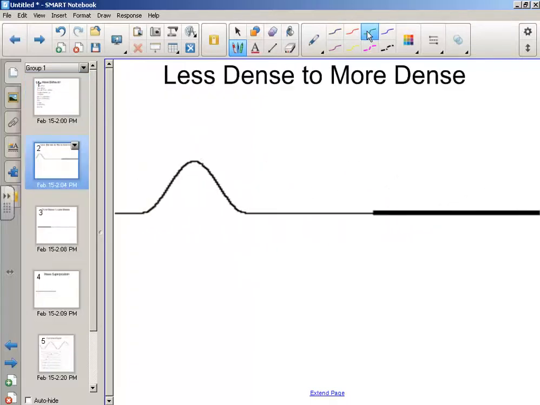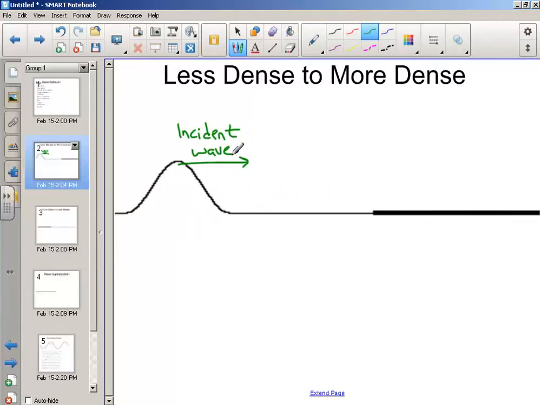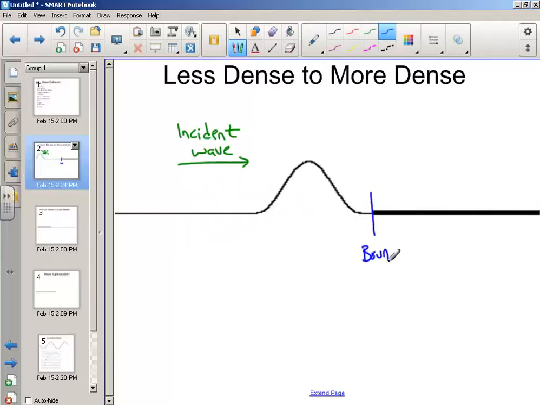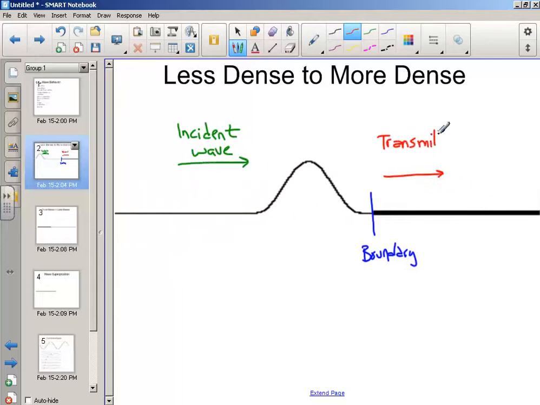This first wave I've got coming in, we call this the incident wave. The incident wave is the initial wave that starts this whole process. After it encounters the boundary, we get this smaller wave that goes out. This is called the transmitted or refracted wave.